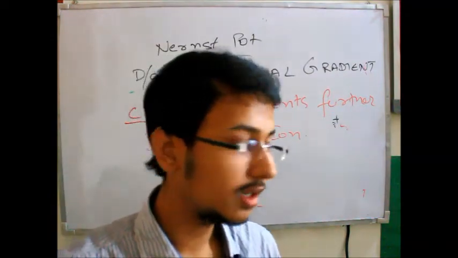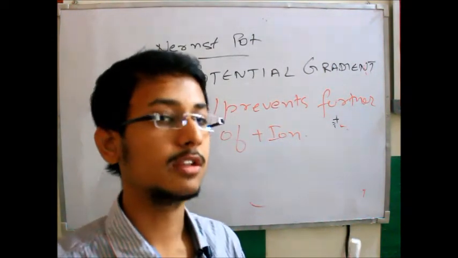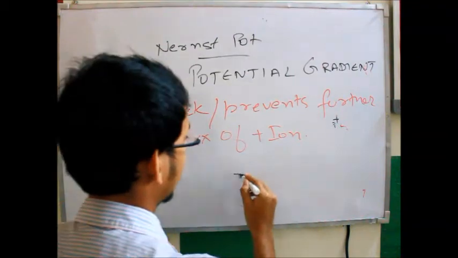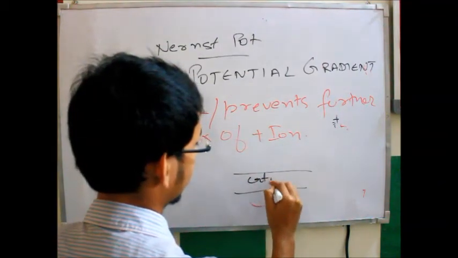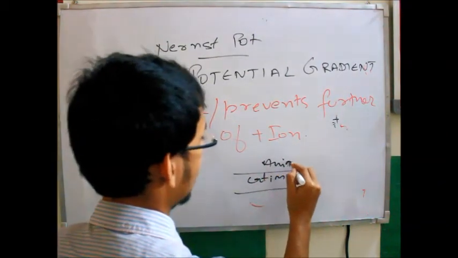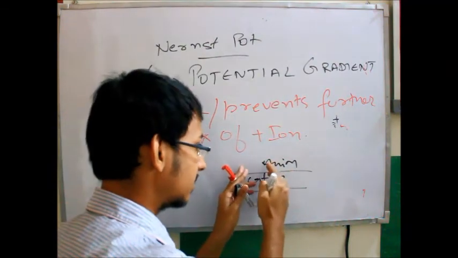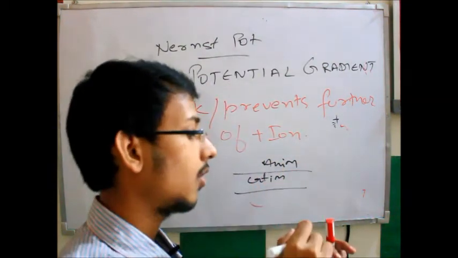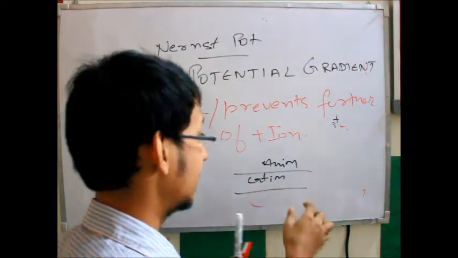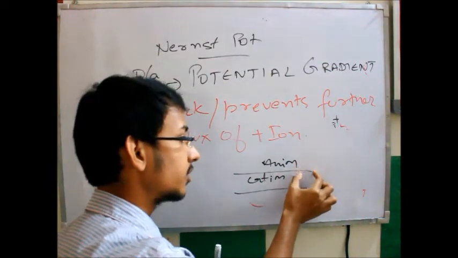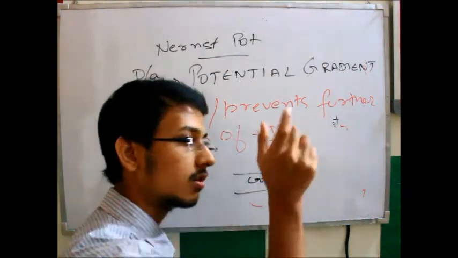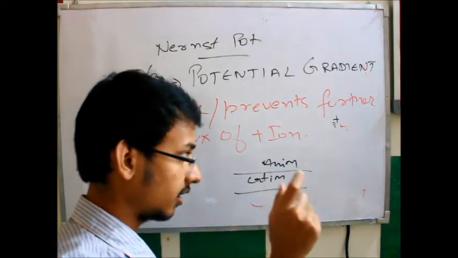Now, in a real physiological situation, how does it take place? As we know, there are many ions. For example, I am taking these as cations and these as anions. Each Nernst potential plays a key role, and the summation of those Nernst potentials decides the diffusion potential of the membrane. It is not that only sodium ion is taken into account.